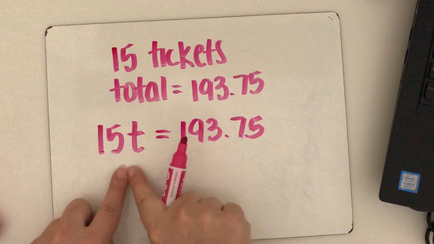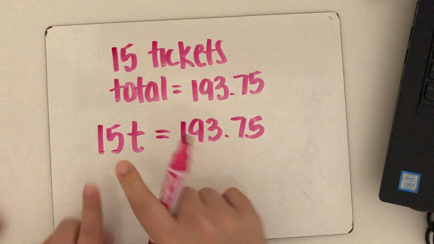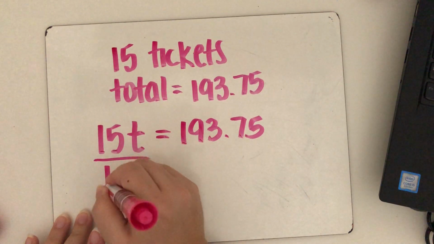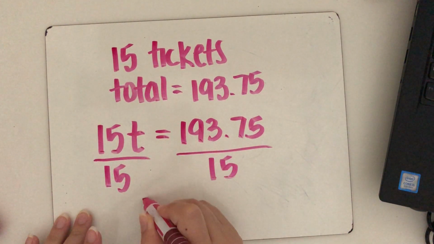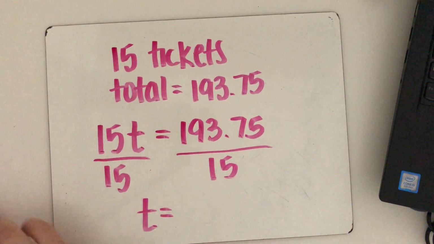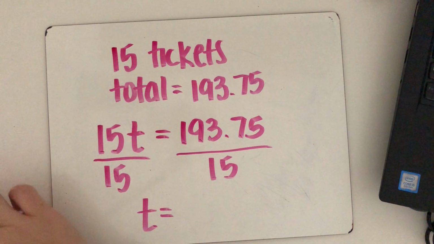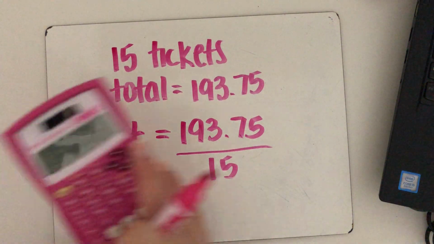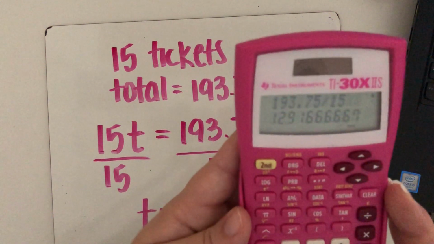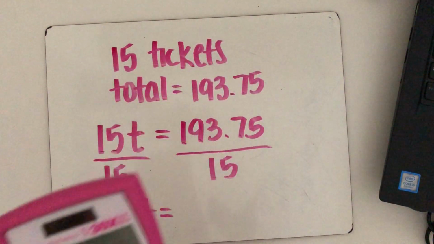So what are these two doing? Yep, they're multiplying, which means that I need to divide both sides. So I'm going to go ahead and use my calculator just for time's sake here. So I have my $193.75 divided by 15, and that's going to give me this weird number of 12.9166666666, and so on and so forth, okay?